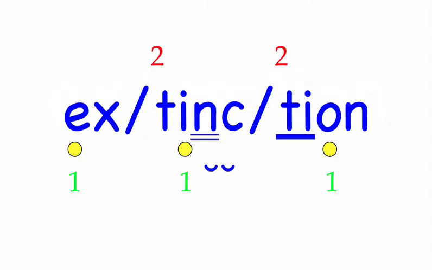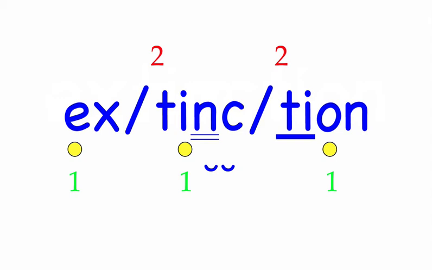Tion, three sounds: sh, a, n. Ex-tinc-tion. Mark the word. Now, N is representing its second sound because it's followed by the sound k. Also, NC is a blend here. We put half circles under the N and the C to indicate the blend must remain together when applying syllable division.